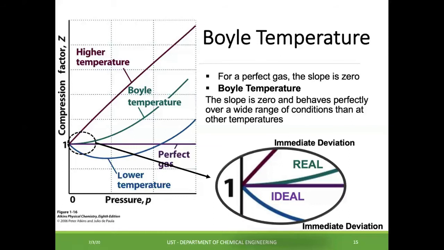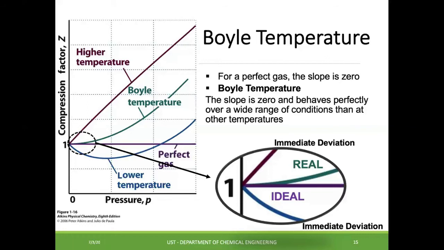So now, in this figure, we have what we call Boyle temperature. So what is Boyle temperature? Boyle temperature is a temperature at which gas follows the ideal gas law. It follows the ideal gas law at an appreciable pressure range, because at a higher temperature, what do you notice? Z is greater than 1.